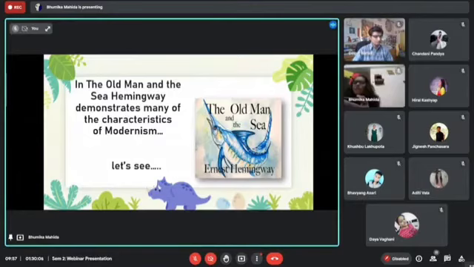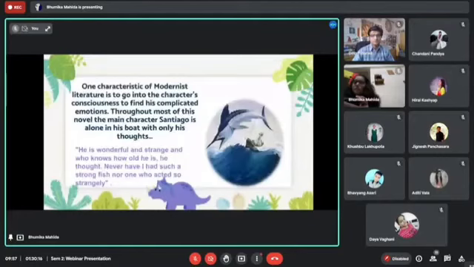The Old Man and the Sea demonstrates many of the characteristics of modernism. Let us see here. Modernist literature goes into the character's consciousness to find his complicated emotions.